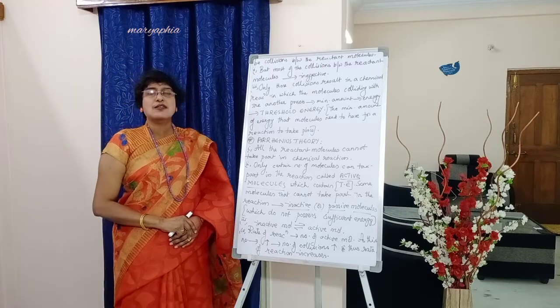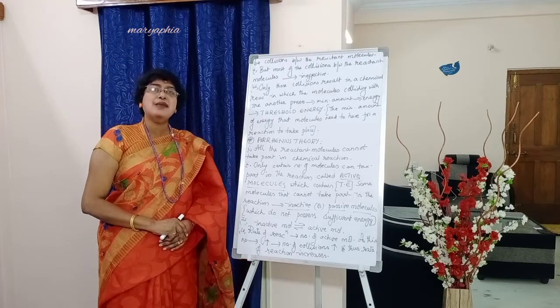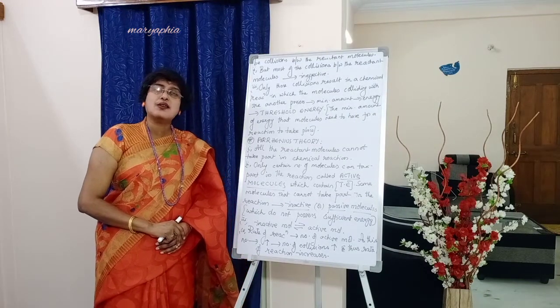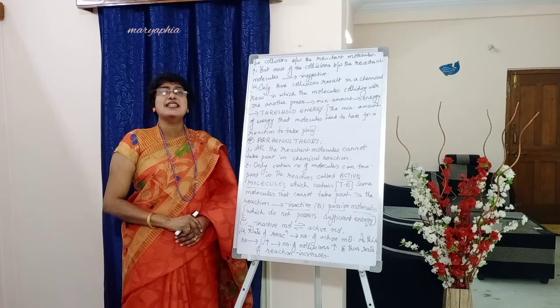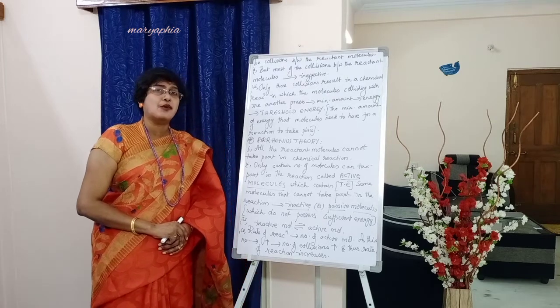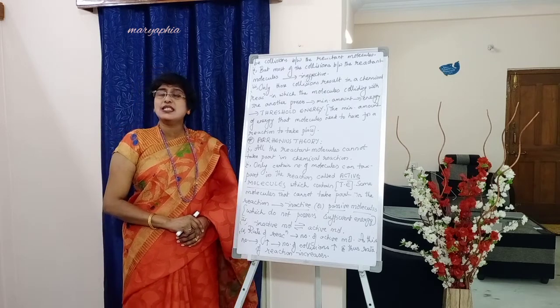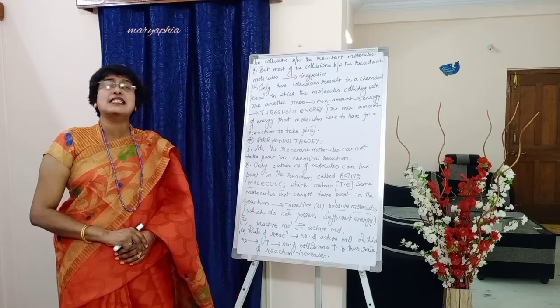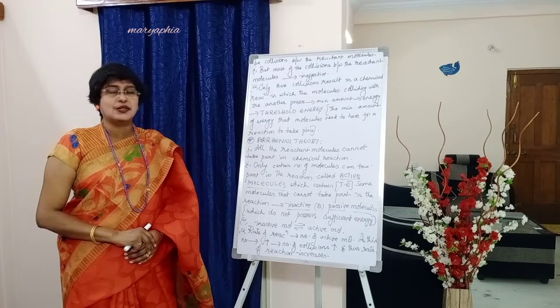Okay students, so the first point we have seen: for a chemical reaction to take place, the reactant molecules should collide with one another. That is, there should be collisions between the molecules. But all the collisions were not found to be effective. Most of the collisions were found to be ineffective.